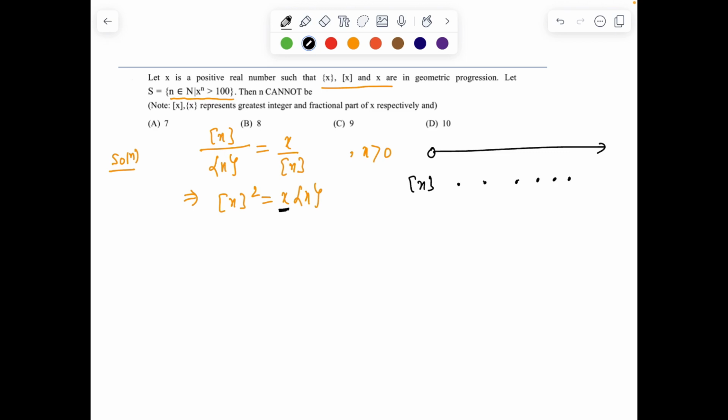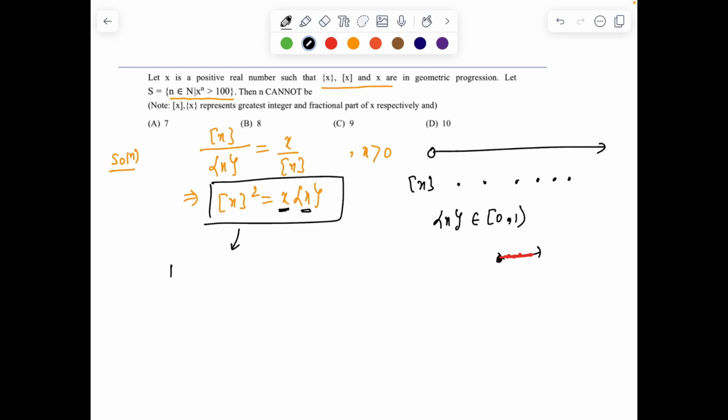But the strongest guardianship is probably on the fractional part, because it is sandwiched between 0 and 1. Although between 0 and 1 there are infinitely many real numbers, it still feels like a strong guardianship. So with this minimum information, let's see how to tackle this question.